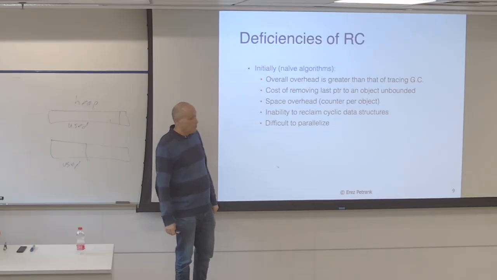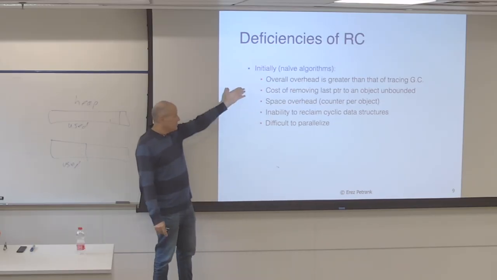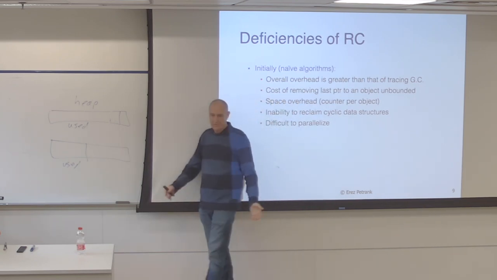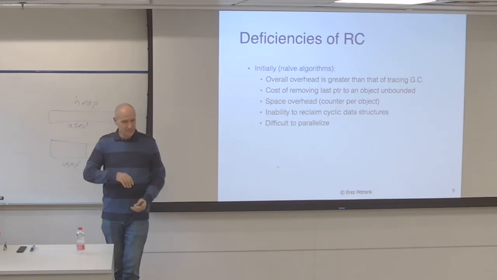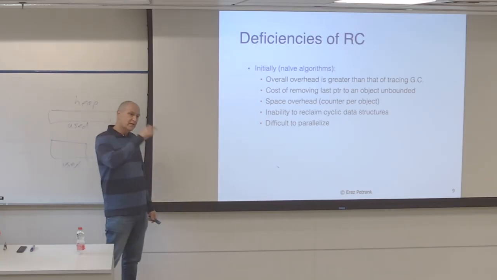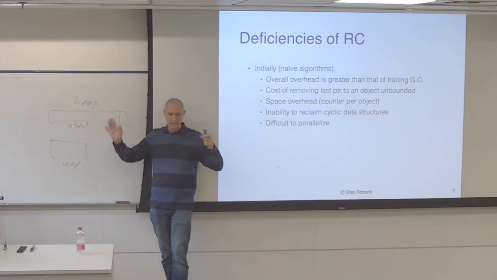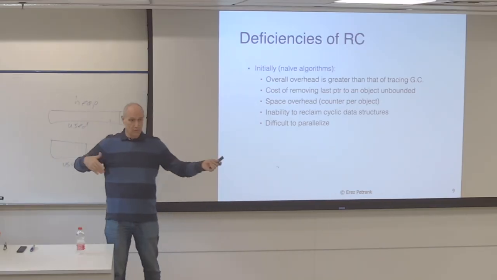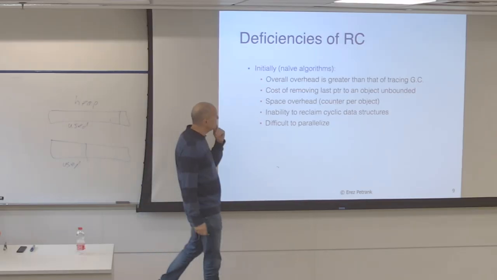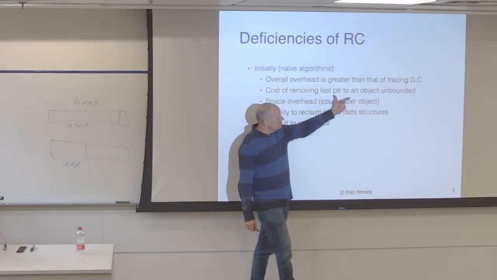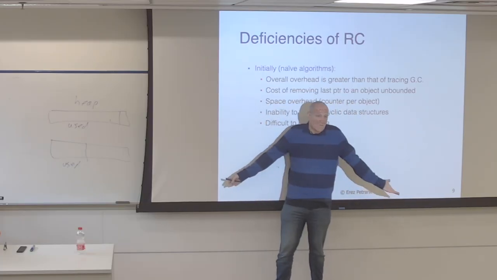So what is wrong with reference counting? Initially, think of the overhead. It is terrible. I want to change a pointer. I have to change the pointer, then decrement one reference count and increment another. Maybe I get cache misses because what I'm touching is all over the heap. And the cost of removing the last pointer to an object is unbounded.